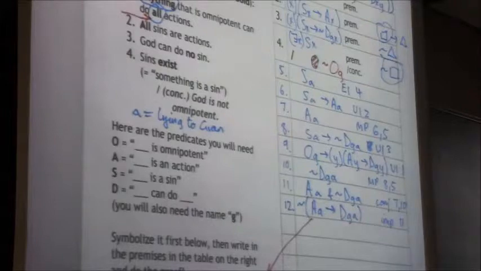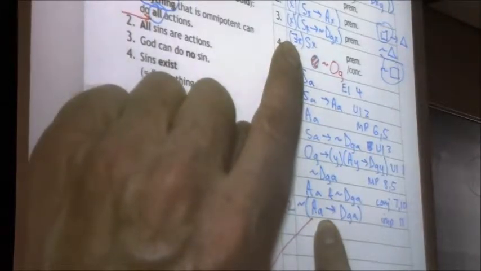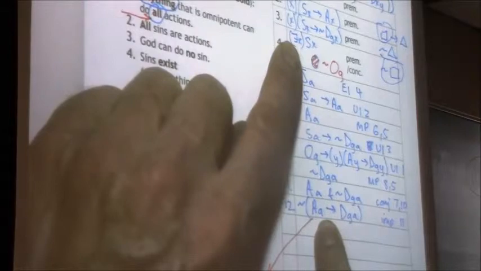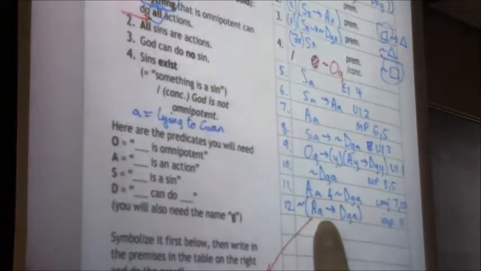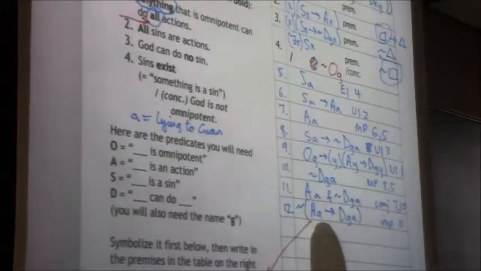U. Is this U? No, it's a. And notice that it was introduced by existential instantiation. So there's no way it could have been U, because you can't introduce U by existential instantiation. That's the one reason why we can't do universal generalization.